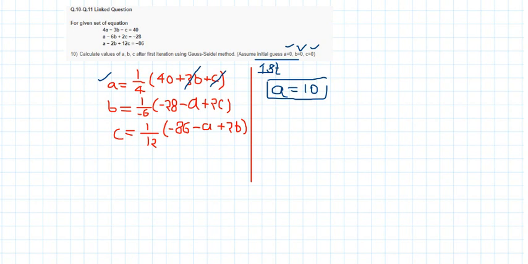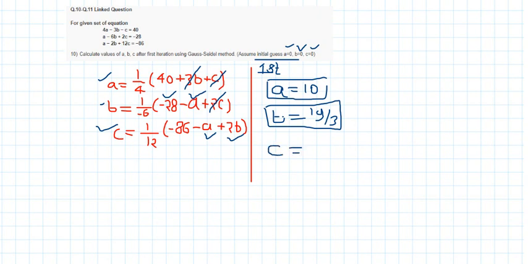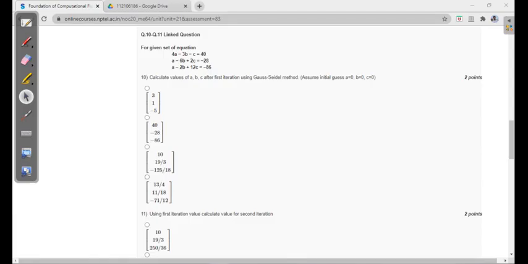Then B, with C0 and the value of A 10: 10 minus 20 minus 38, 1 upon 6, 38 upon 6, B is equal to 19 upon 3. Value of C, we will have to put the value of A and value of B here, and we can calculate the value of C. Value of C comes out minus 125 upon 18. The correct answer is third.